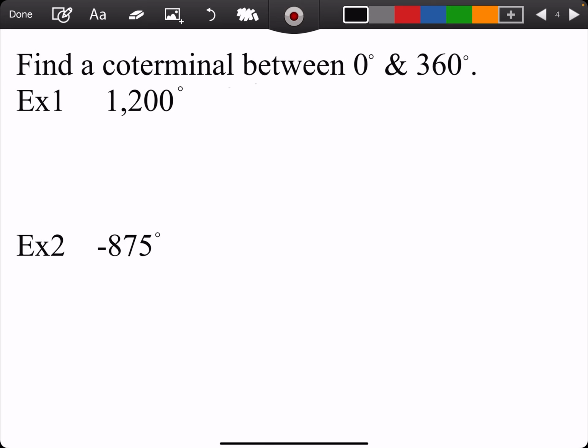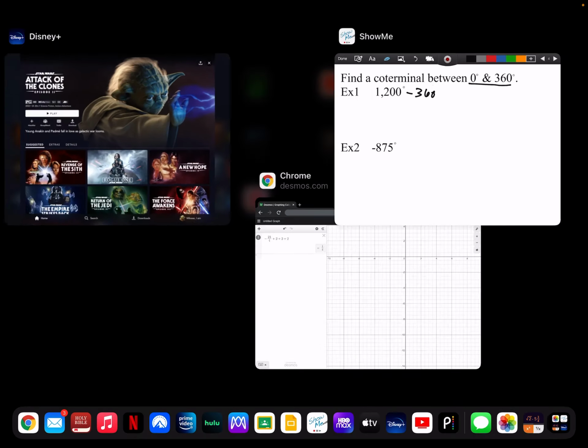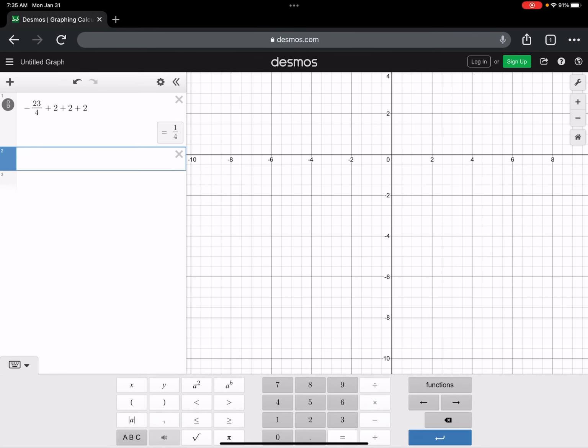Degrees is much easier. All right. I want it between 0 and 360. So I'm going to take 1200. And since 1200 is greater than 360, I'm going to subtract 360. All right. I'm going to go back to my calculator because I don't like to do math in my head. So I'm going to take 1200 minus 360. If it lets me actually touch the buttons.